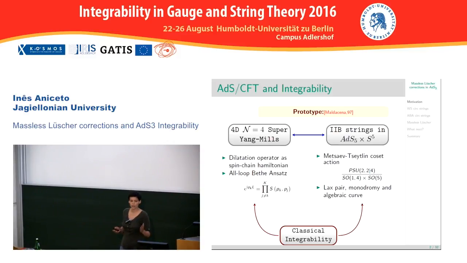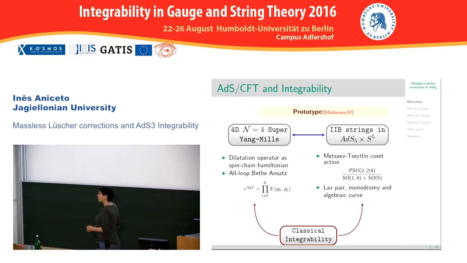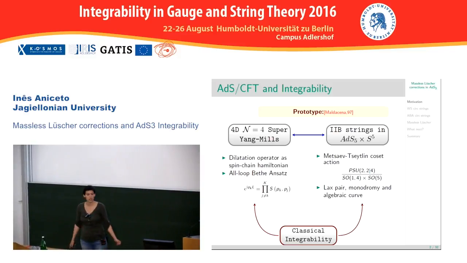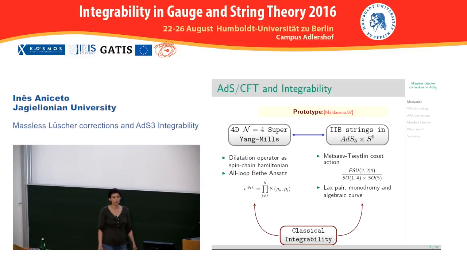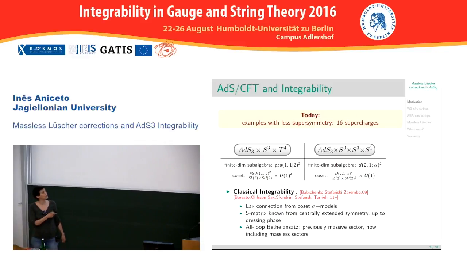Either we check loop by loop in the Yang-Mills case, and from a spin chain approach, we can calculate the Bethe ansatz and get to classical integrability, or from the coset action and symmetries, we can build basically an infinite set of conserved quantities, the Lax pair, the monodromy, and the finite gap equations directly, and get to classical integrability.